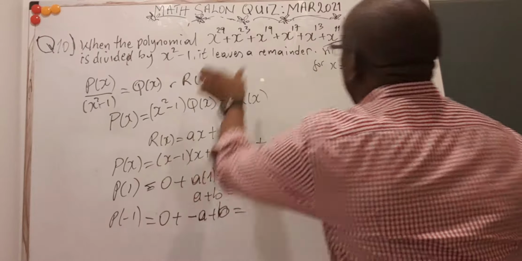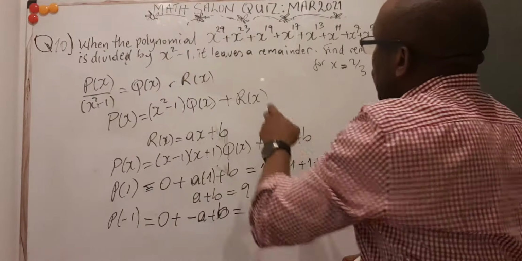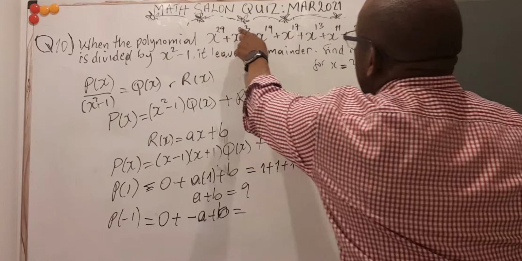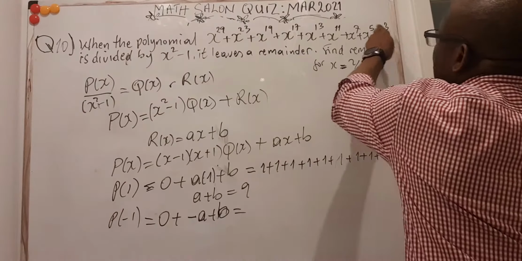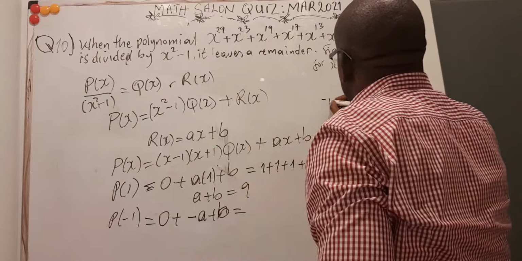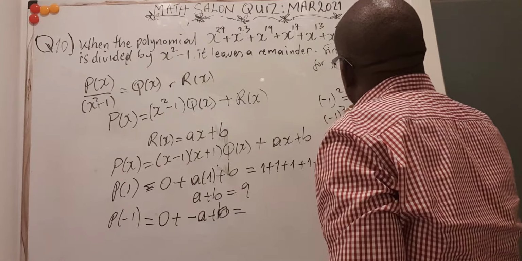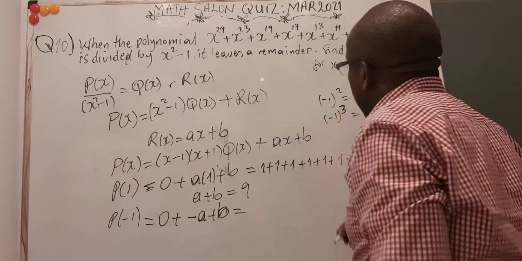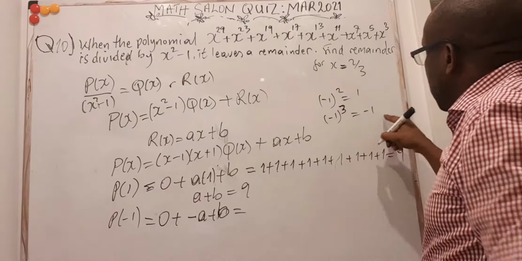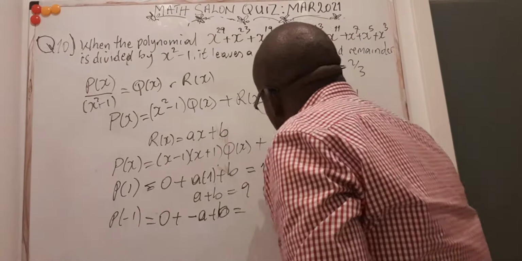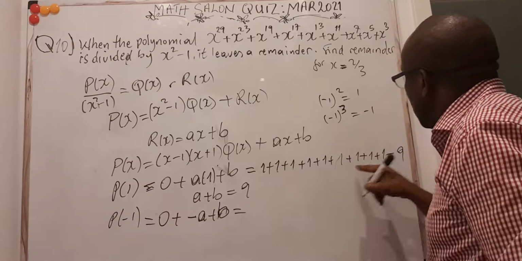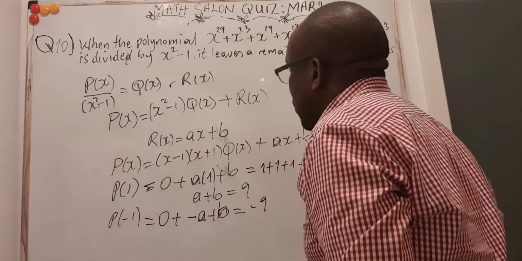And if I put this into my polynomial, notice they are all odd powers. Minus 1 to the power 2 is 1. Minus 1 to the power 3 is minus 1. Minus 1 to an odd power will always be negative. So you are going to get minus 1, minus 1, minus 1, 9 times. So we get minus 9.